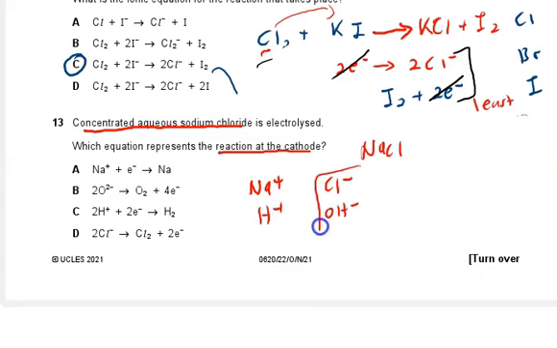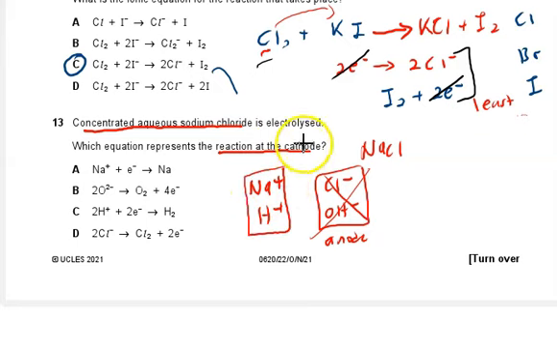This one will be at the anode, so we don't have to care about this. And here at the cathode, they will follow the electrochemical series, so hydrogen will be selected. So your answer is definitely going to be C.